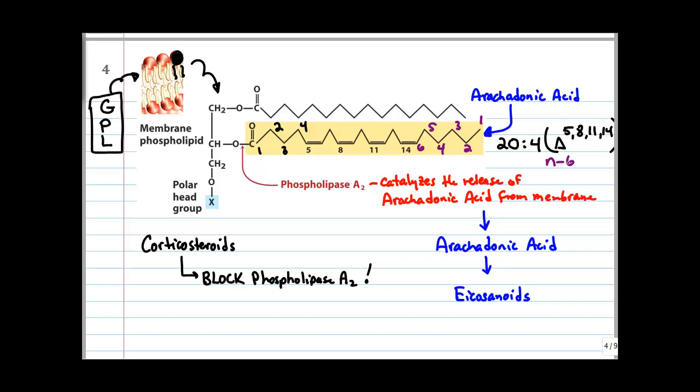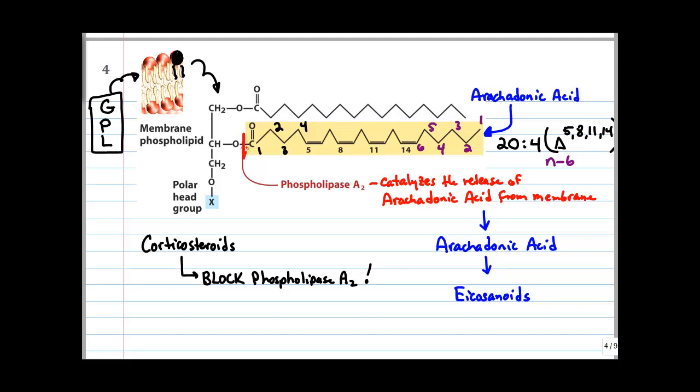Can it be in a membrane lipid? Yes. Now, what we know is that there is an enzyme called phospholipase A2. And as the notes already say, phospholipase A2 catalyzes the release of arachidonic acid from the membrane. So this enzyme will come along, and we'll talk about what enzymes are later on in this class, but they're protein catalysts, and they can do a variety of things, and they can break chemical bonds as one of them.